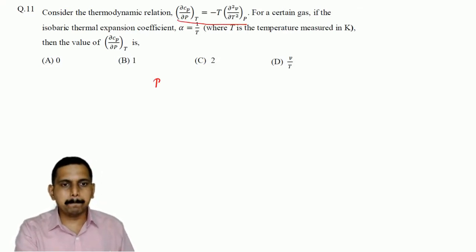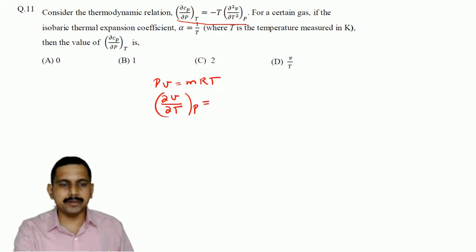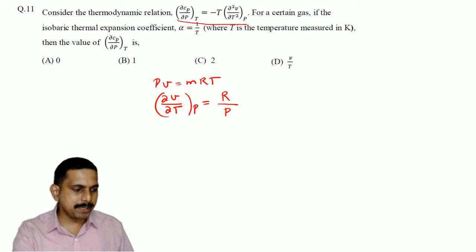We have PV is equal to mRT. Now from this, I can write ∂V/∂T at constant pressure as mR/P, correct?